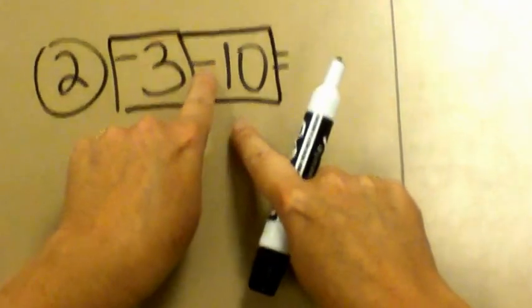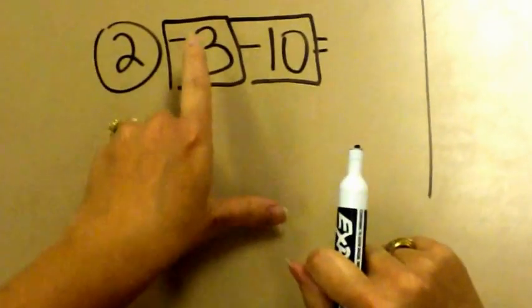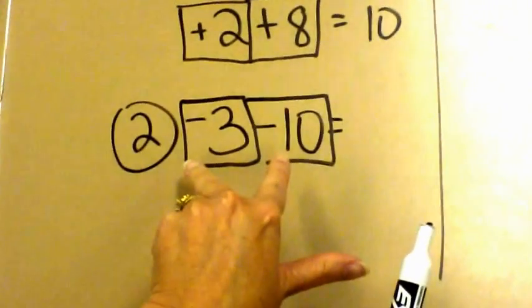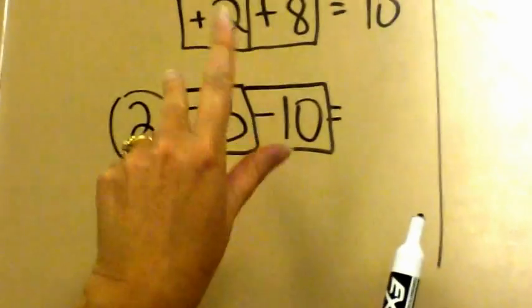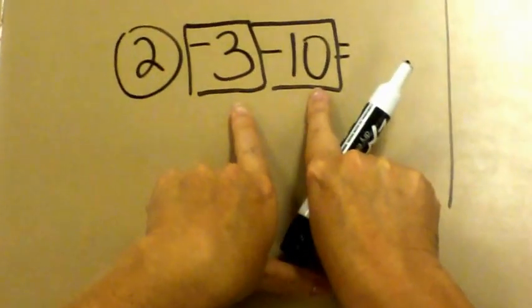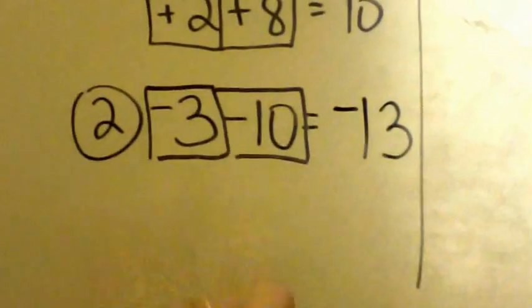Don't think of that as a minus positive 10. Just think of it as a -10 now. I've got 3 negatives and 10 negatives. They're the same sign. According to your steps, same signs, add and keep. So 10 plus 3 is 13, and keep my negative.